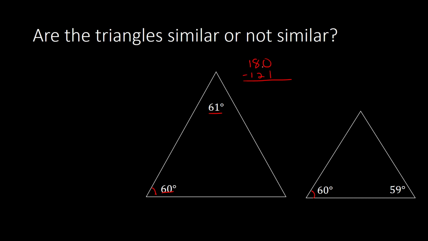So if you subtract 121 from 180, we're going to get 59 degrees for the third angle. And notice that is what we have over here as well. We have 59 degrees and then 59 degrees for the big triangle. So because we have two angles that are congruent, we can therefore conclude that we have similar triangles.